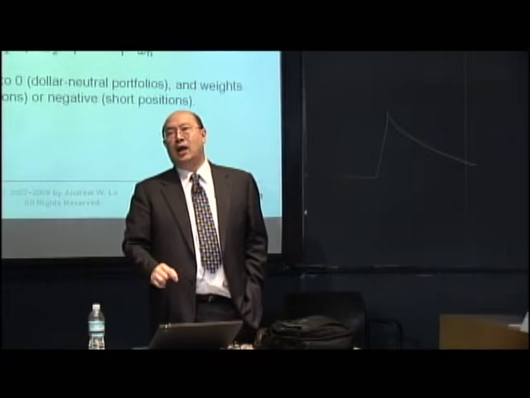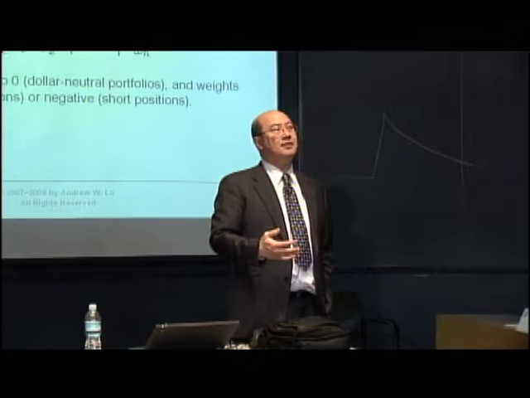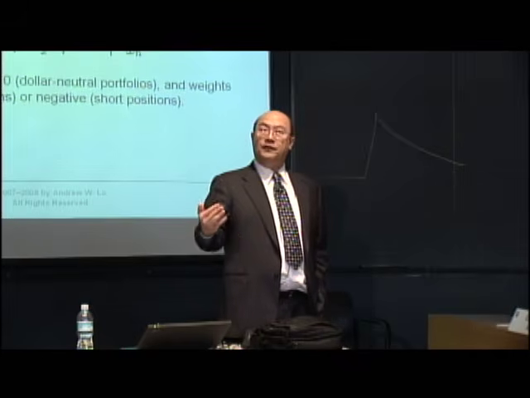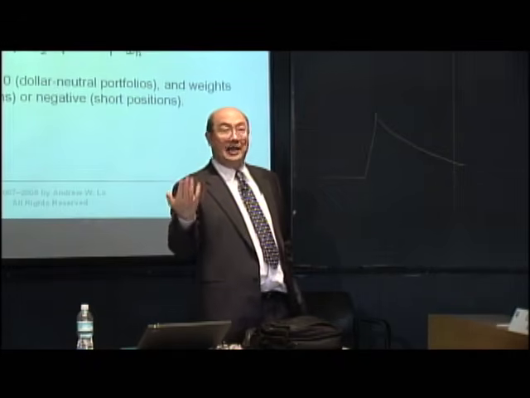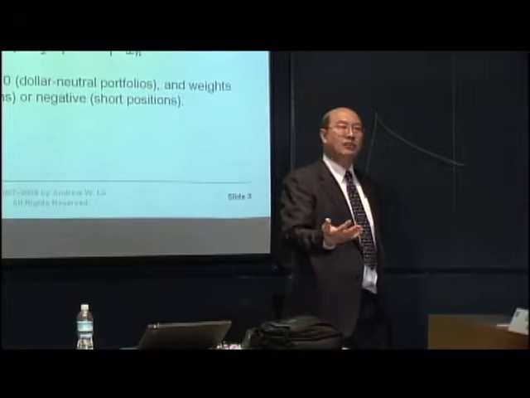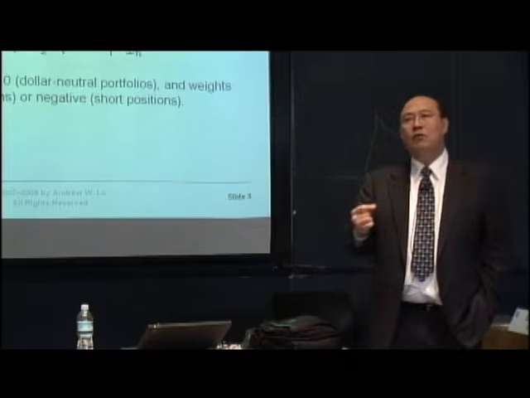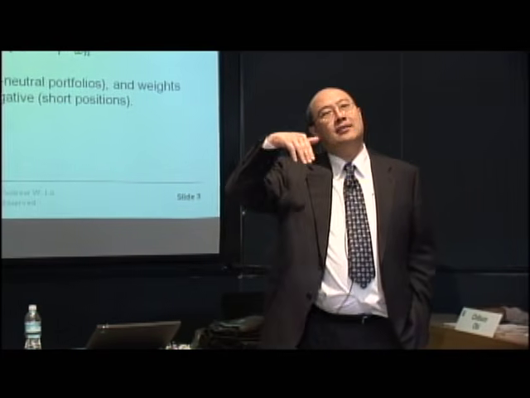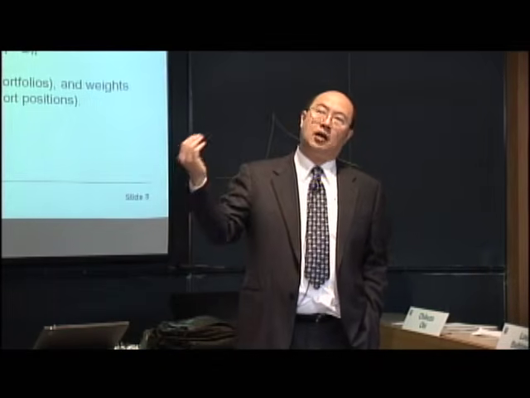Okay? It was discovered over the last several years that this kind of constraint artificially dampened the return of a portfolio. Not surprisingly, because when the market goes down, if you're long only, you're going down with it, right? But if you have a short position, then at least the shorts would be able to buffer some of the losses on the long side.